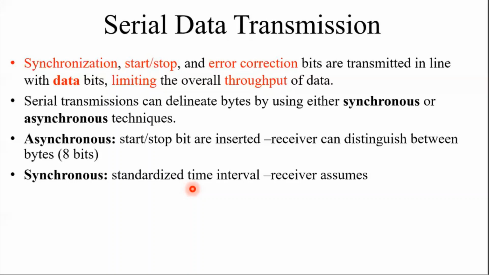But sometimes, if the sender and the receiver are not synchronized, meaning they don't follow the same standard time, then it can affect the accuracy of the data. Let's say the sender uses 2 nanoseconds as the time interval, and the receiver uses 3 nanoseconds as the time interval. Then the data received by the receiver can be interpreted differently compared to the data sent by the sender.